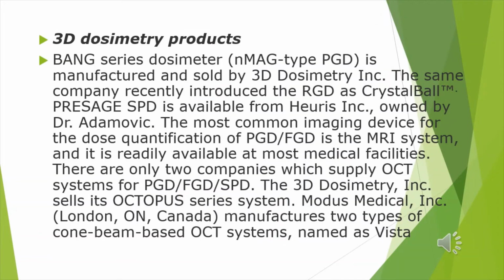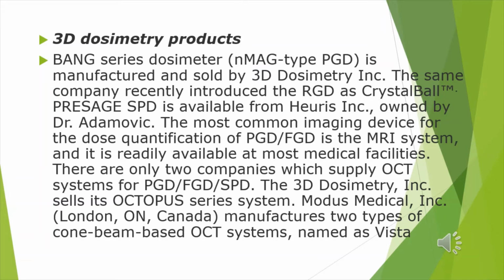Examples of three-dimensional dosimetry include the series produced and sold by the three-dimensional dosimetry company, which recently produced the RGD dosimeter as a crystal ball. Another company is owned by Dr. Adamovic.